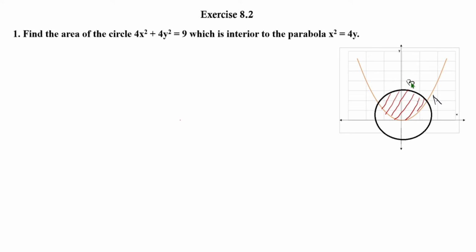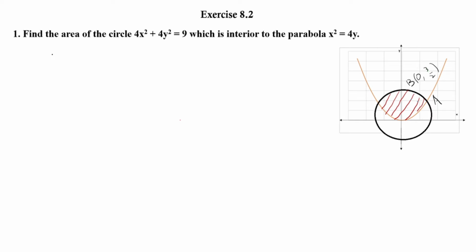We know that the x and y coordinates for B are 0 comma 3 by 2, because the radius of the circle is root of 9 by 4, which is 3 by 2.